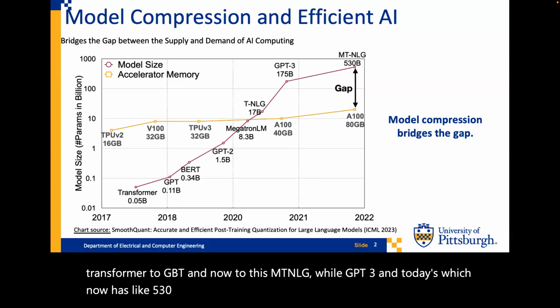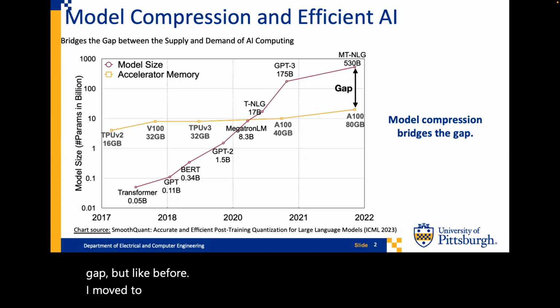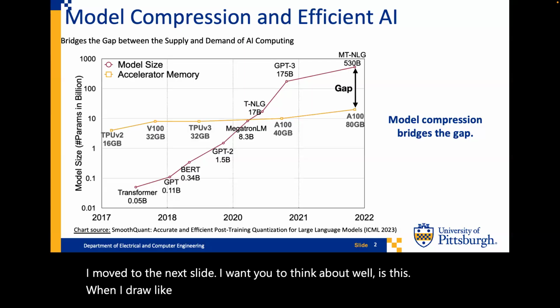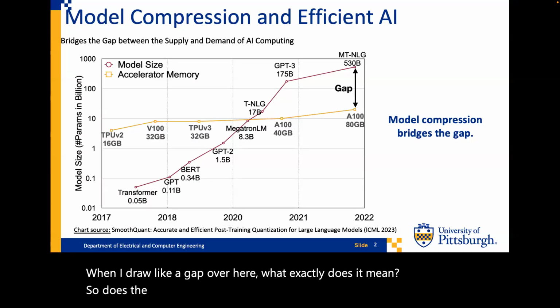And you can see this is a huge gap. But before I move to the next slide, I want you to think about what exactly this gap means. Here it says the A100 has 80 gigabytes of memory for the accelerator, the GPU.